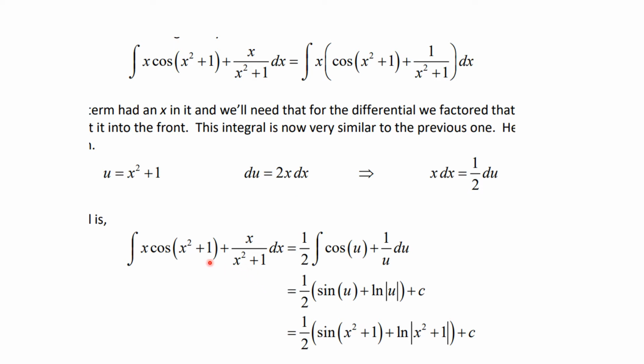Now you see that's going to cancel with the x, and I'm substituting for u, so I'm going to get 1/2 the integral of cosine u plus 1 over u du. I do this term by term, getting 1/2 times sine u plus natural logarithm of the absolute value of u. And then I reverse my substitution. This is the final answer.